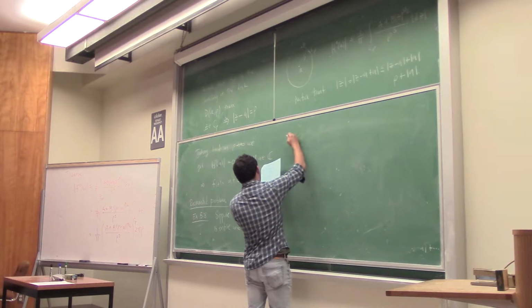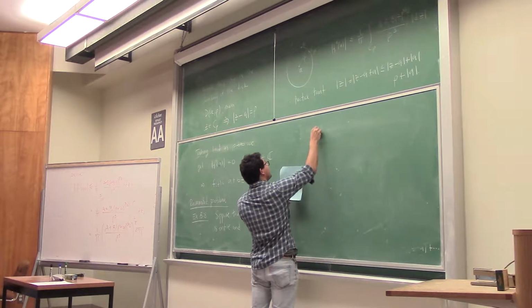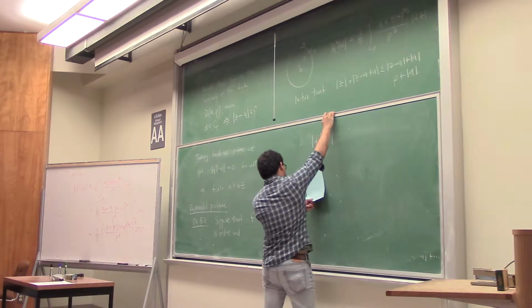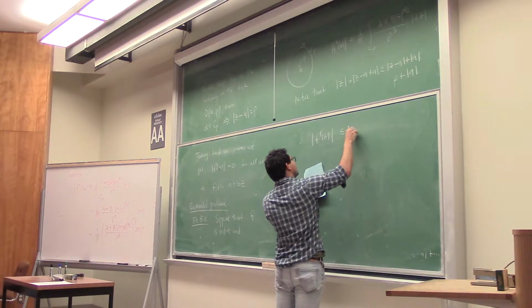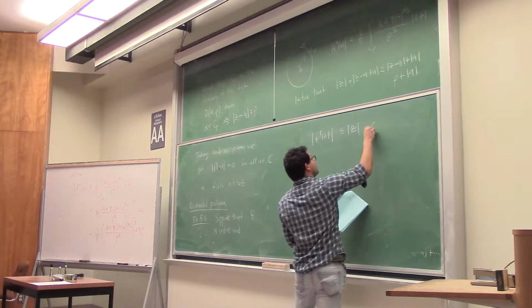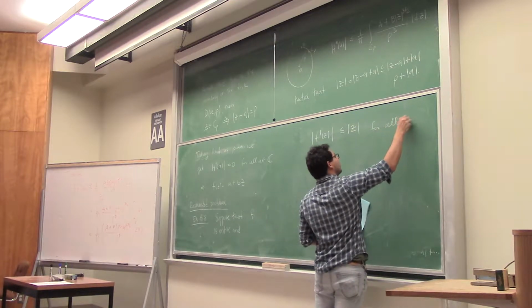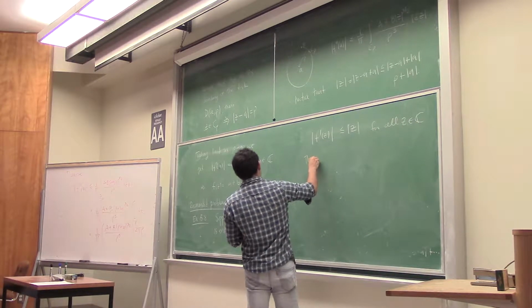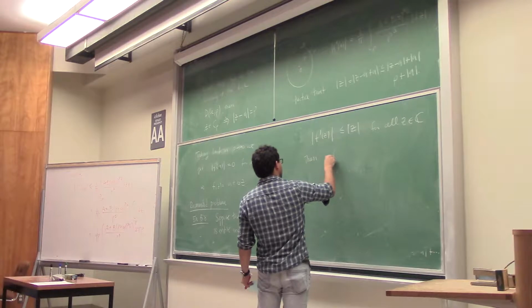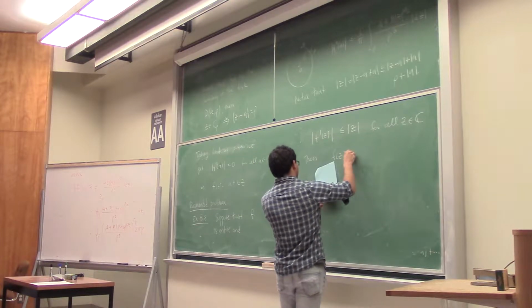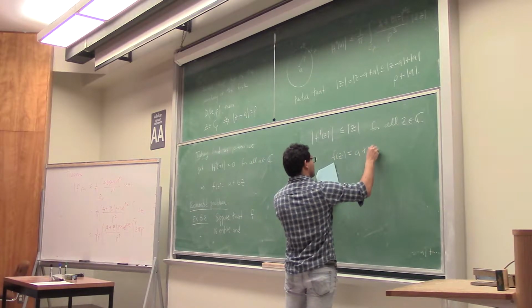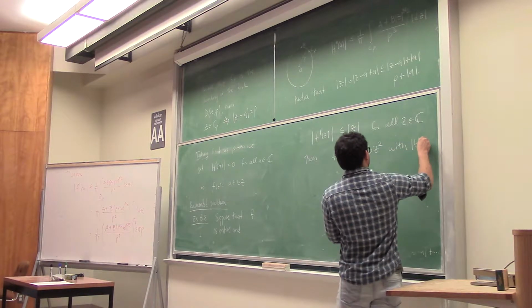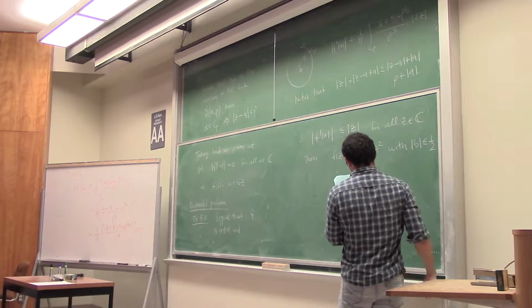The following inequality holds: the absolute value of the derivative of f of z is less or equal than the absolute value of z for all z. Then f of z is actually of the form a plus b z squared, with absolute value of b less or equal than 1/2.